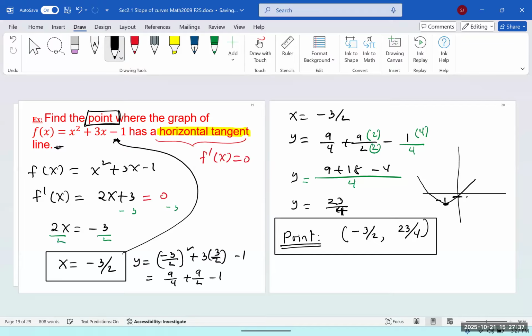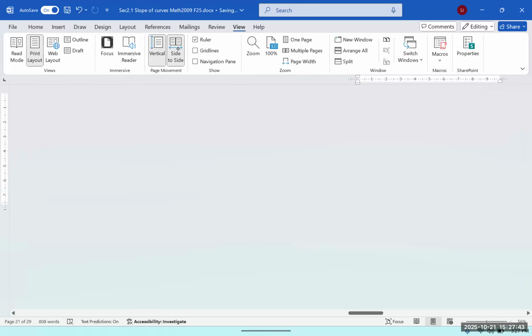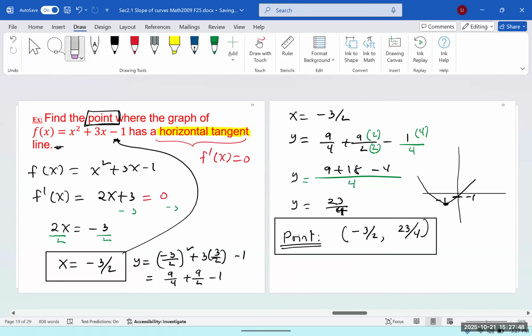Here. So this point here is this one. Negative. It doesn't make sense. What did I do wrong? It looks like I did something wrong.